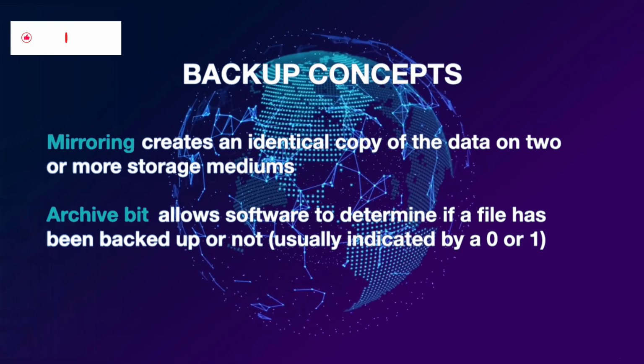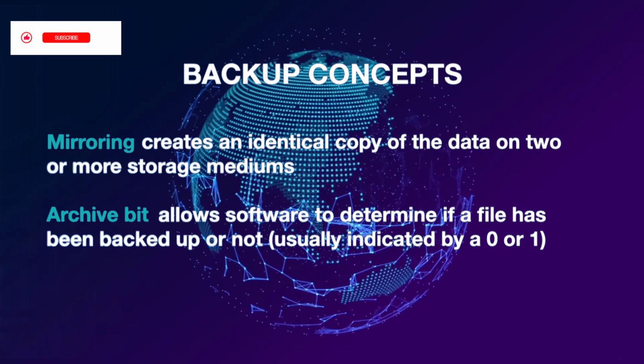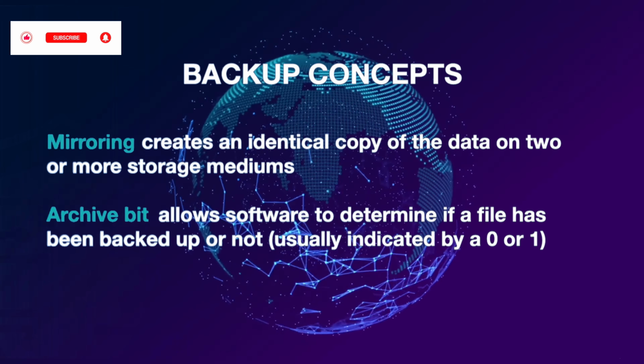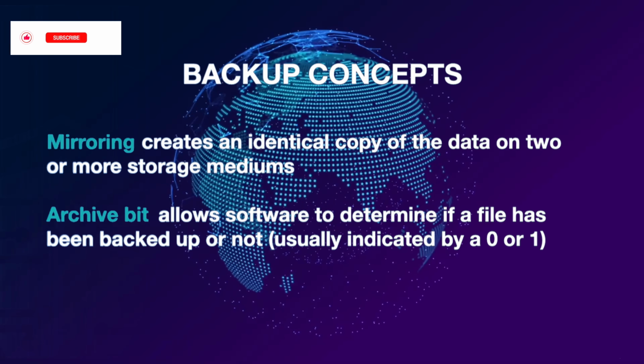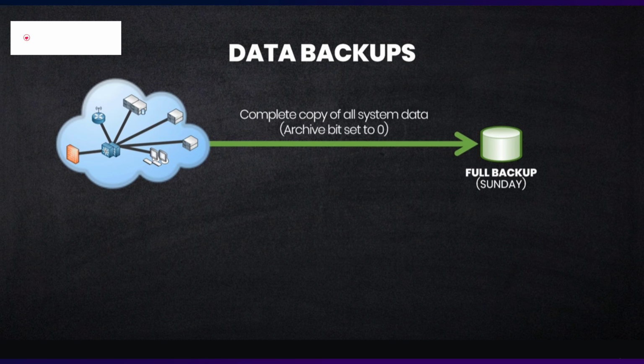Let's start with the full backup, which creates a complete copy of all system data, then sets the archive bit to 0, because everything has been backed up and nothing has changed. When the full backup is complete, the archive bit on every file will be set to 0. Normally we would perform a full backup on a Sunday morning when no one is at work and the system is pretty much idle, and now we can do a full backup of the data.